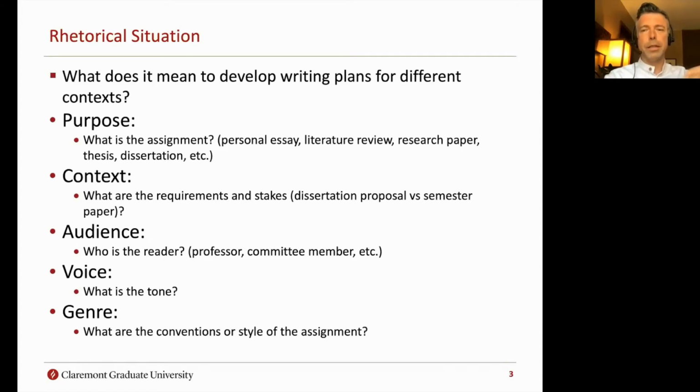So that context is important. What's even more important, and the context kind of encompasses a lot of this dynamic, including the purpose and then the audience, right? So who is the reader or the intended reader? Is it going to be just your professor and maybe your classmates, which is really the typical circumstance of undergraduate writing?